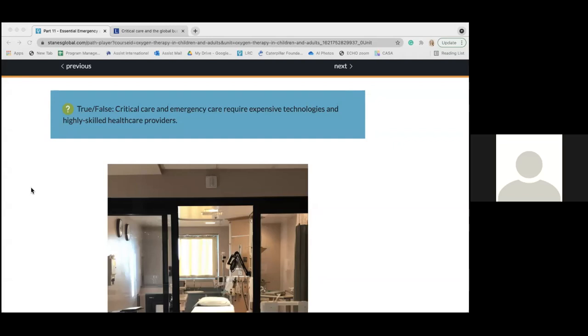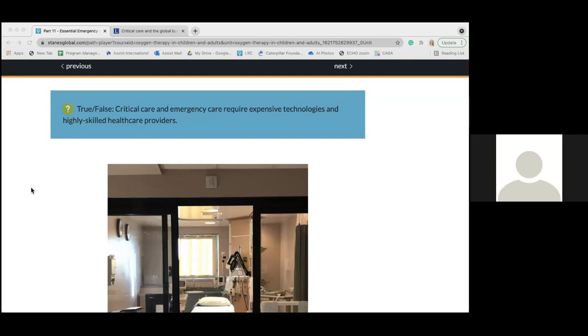In as much as technology is important, and in as much as having skilled human resources is always necessary, this does not really limit all of us from being able to provide basic critical care as well as emergency care. So again, visit our learning resource centers for the detailed guide on what kind of resources we need.